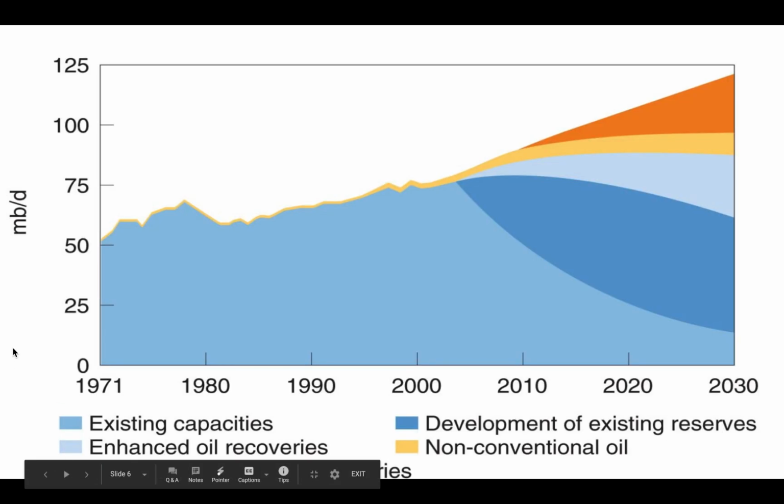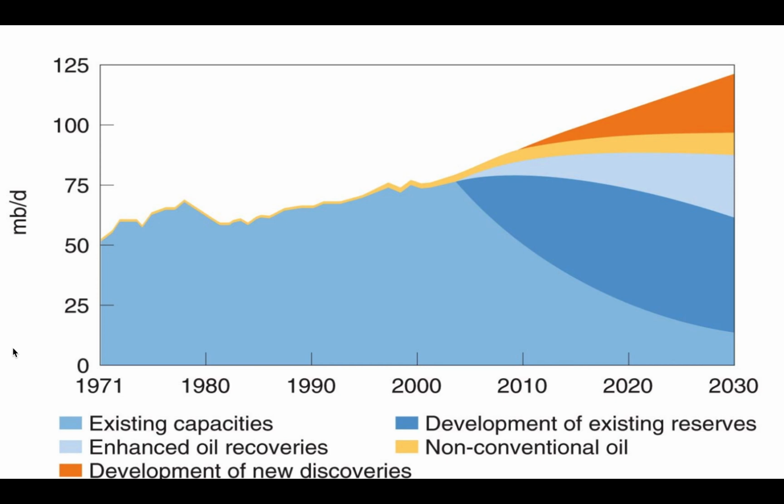We can take a look at existing capacities. That has diminished from 2010, and projections into 2030 will continue to diminish. We'll see new discoveries will account for some of the lost existing capacity or current reserves. And then we have enhanced oil discoveries.